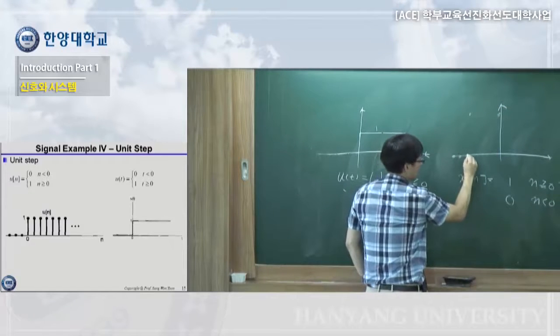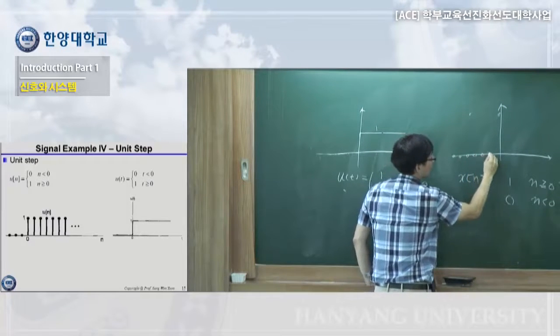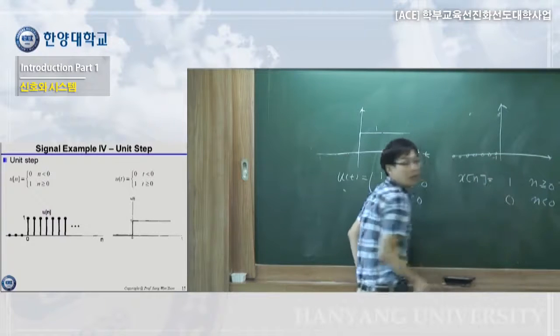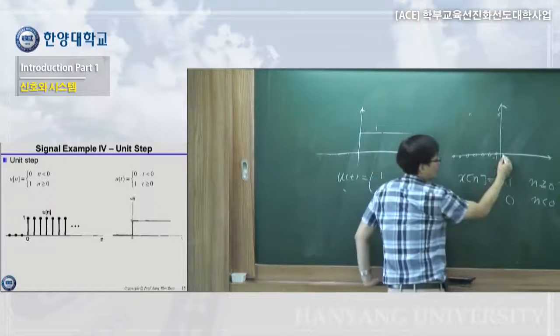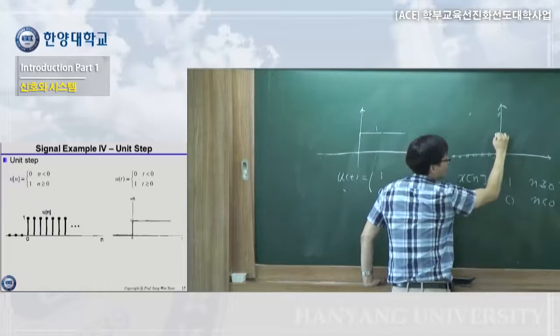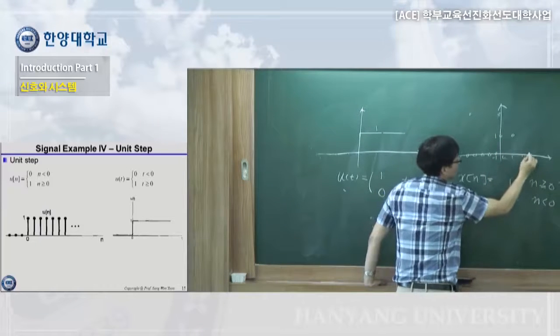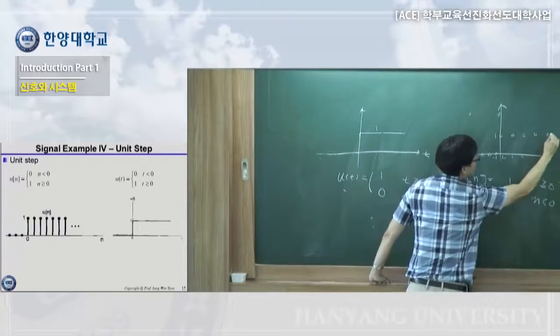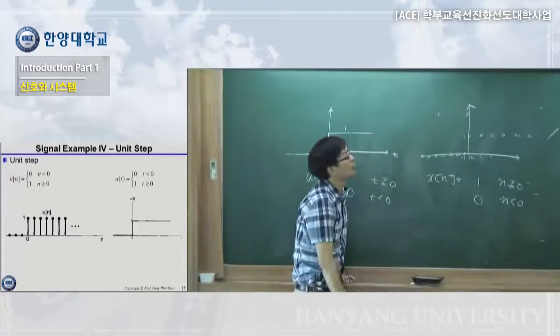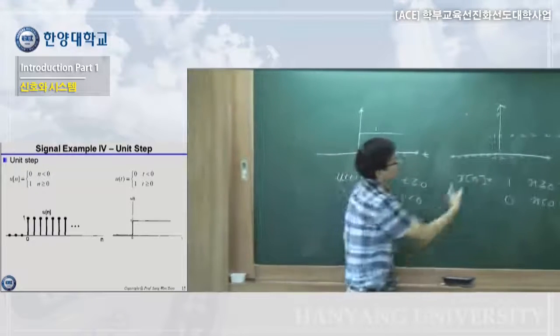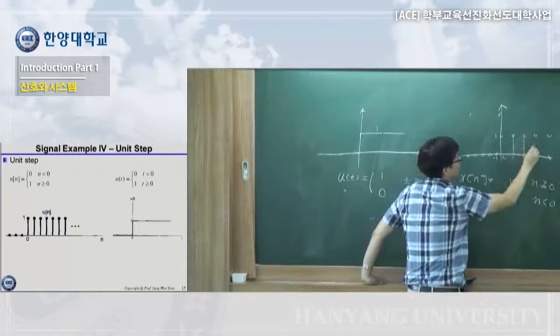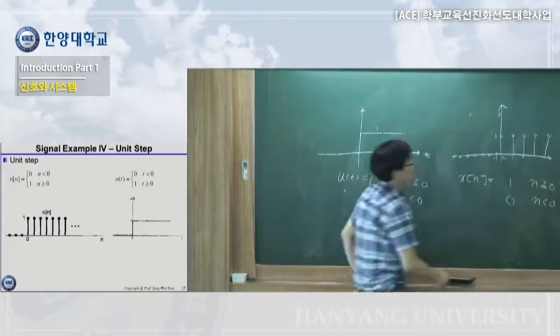They are 0 until n is minus 1. And when n is 0, they suddenly become 1. They're 1, 1, 1, they become like this. Of course, this is hard to see, so we put a stem at the bottom to see how it looks.